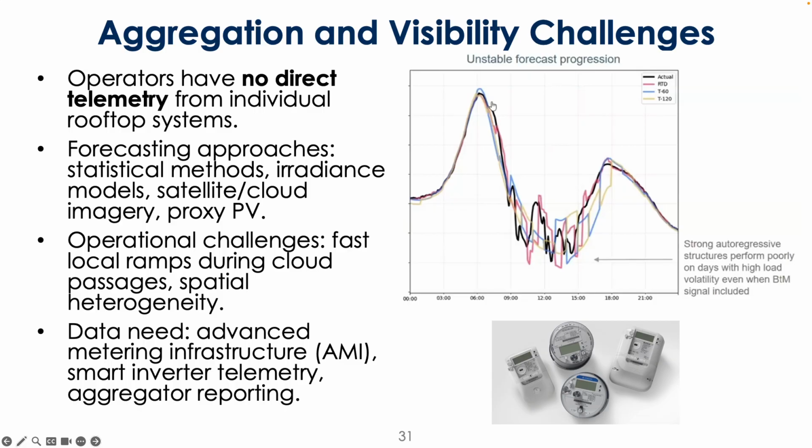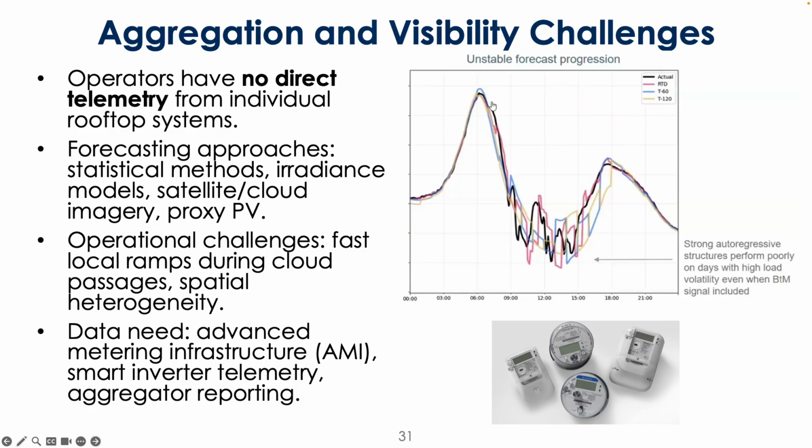So there's a big push, right, for better data, better telemetry, so that this kind of stuff is better understood. There's advanced metering infrastructure that helps to get real-time data out to providers. Telemetry from smart inverters can provide some of that real-time localized data. But yes, this is a traditionally difficult area to deal with, and is getting harder and harder.